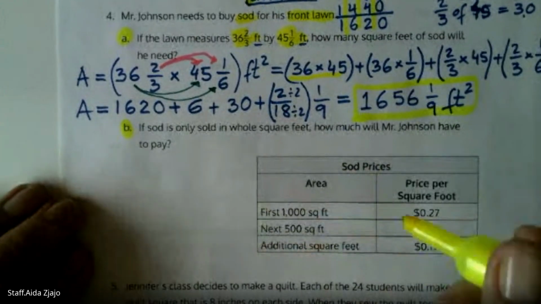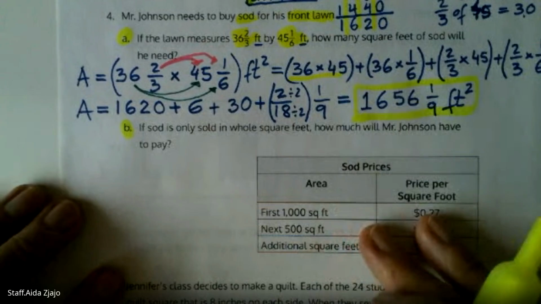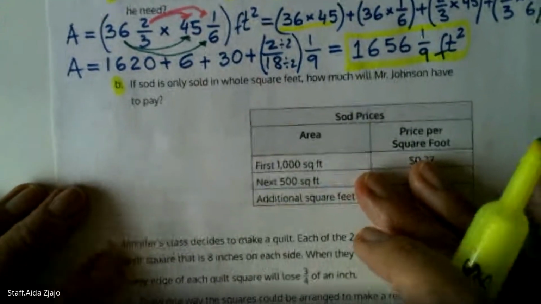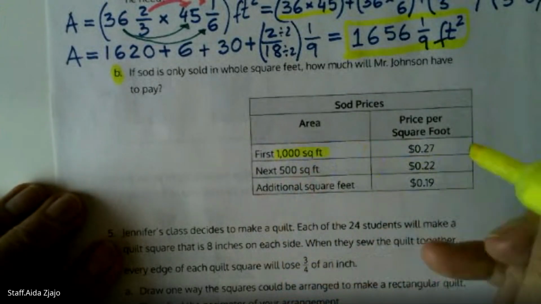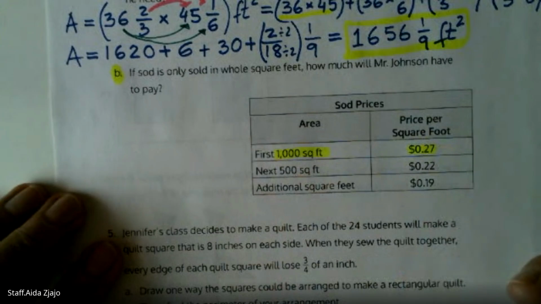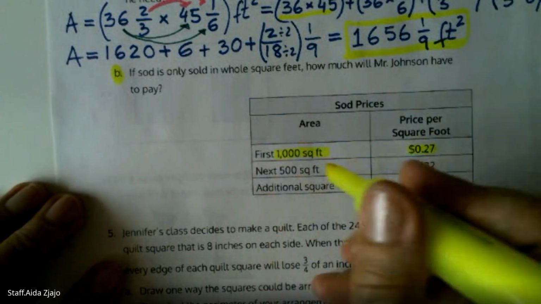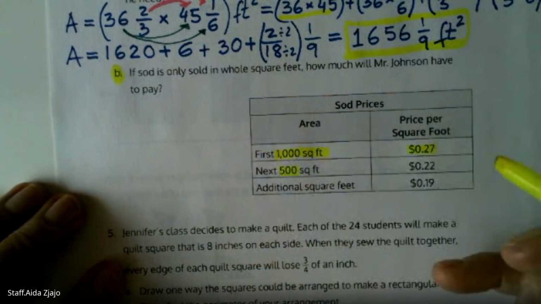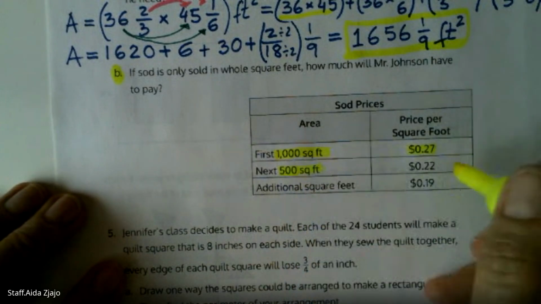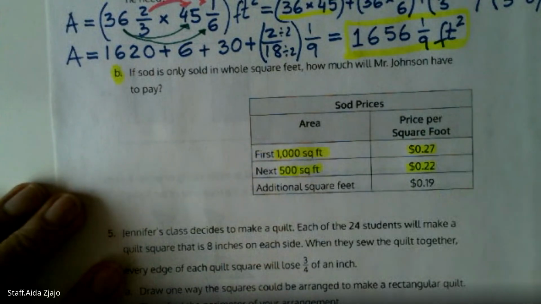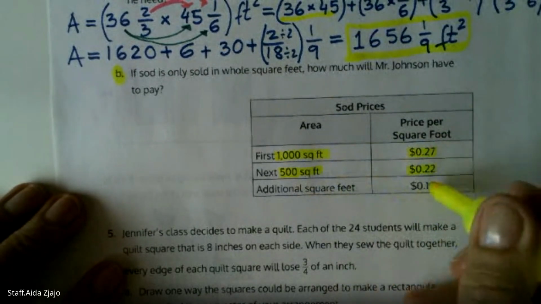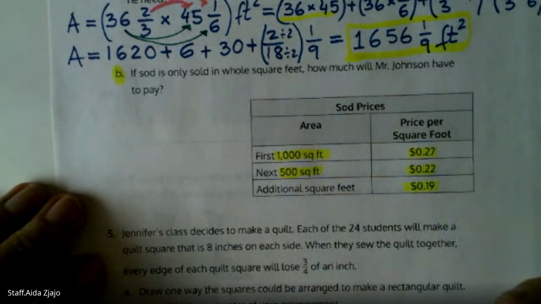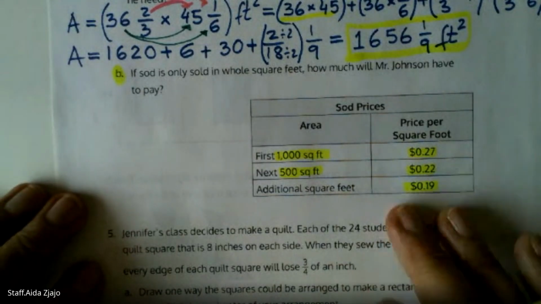And now they say in the table that they sold 1,000 square feet for 0.27. They sell 500 square feet for 0.22. They have different prices depending on how much you buy. The additional is 0.19 or 19 cents.